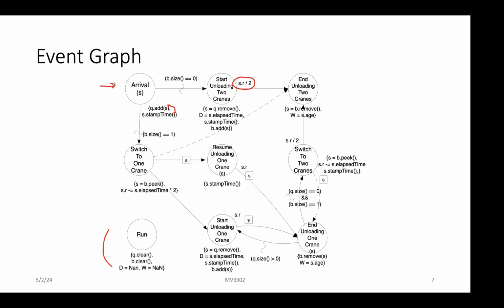Okay, so these top three events should be fair. And then when we finish unloading with two cranes, here's where we simply remove the ship from the berth, and the exact call is going to depend. And then the age of the ship is how much time we've spent in the system.